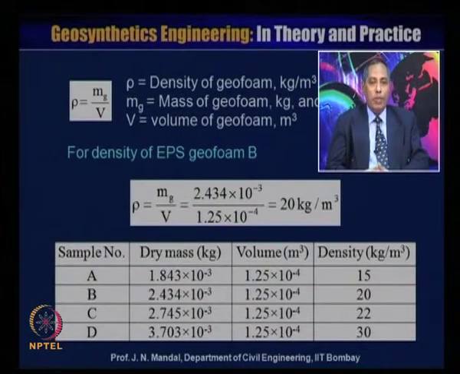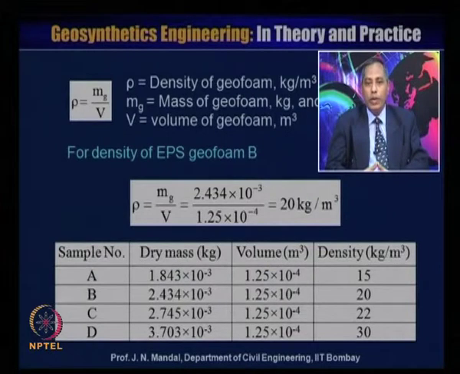Similarly, for sample number C, the dry mass is 2.745 into 10 to the power minus 3 kg, and the volume is 1.25 into 10 to the power minus 4 meter cube. So, this will give a density of about 22 kg per meter cube. For sample number D, the dry mass is 3.703 into 10 to the power minus 3 kg, and the volume is 1.25 into 10 to the power minus 4 meter cube.